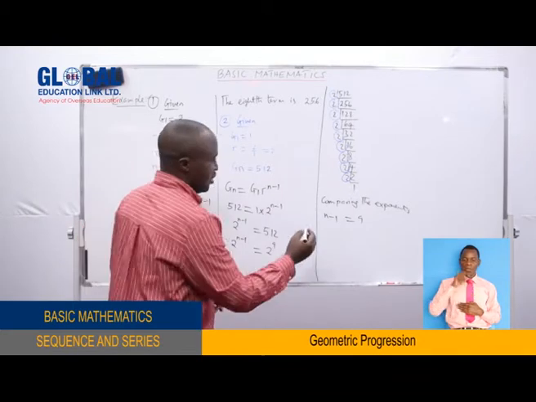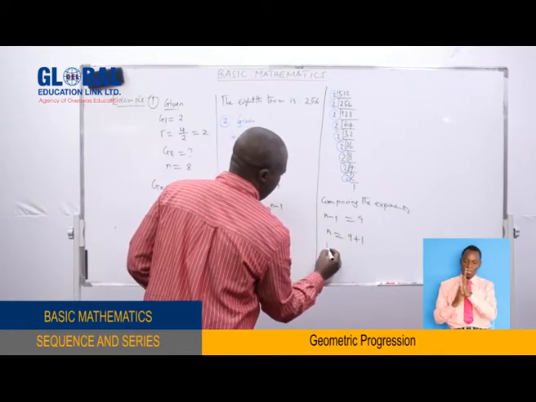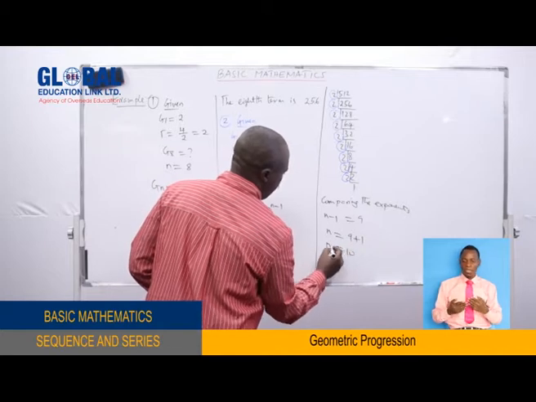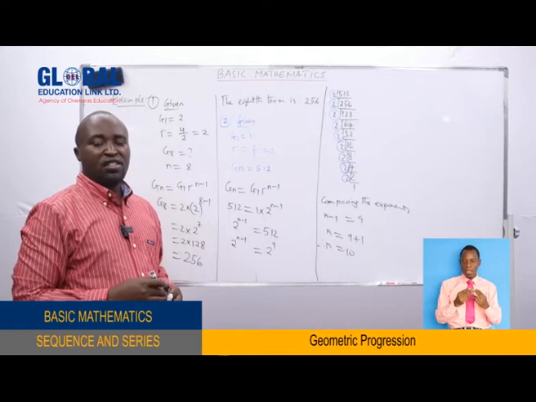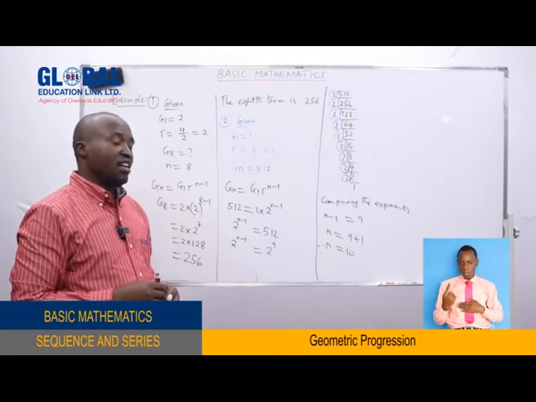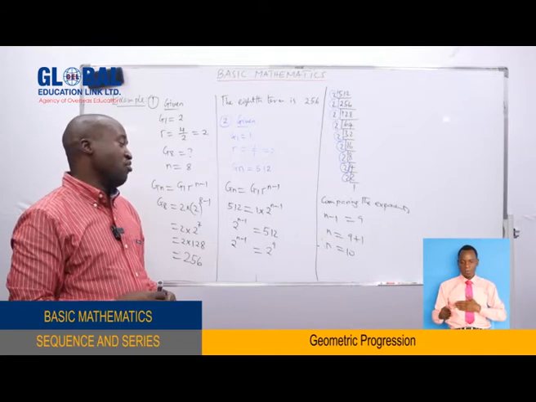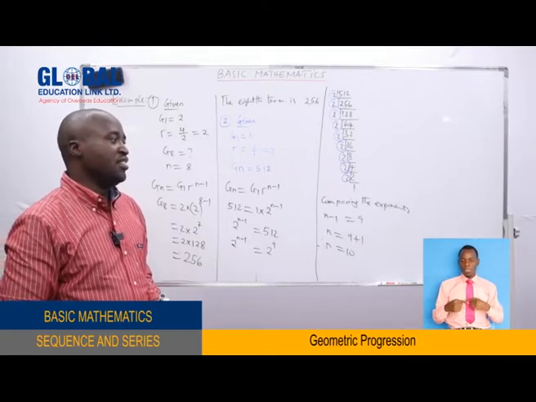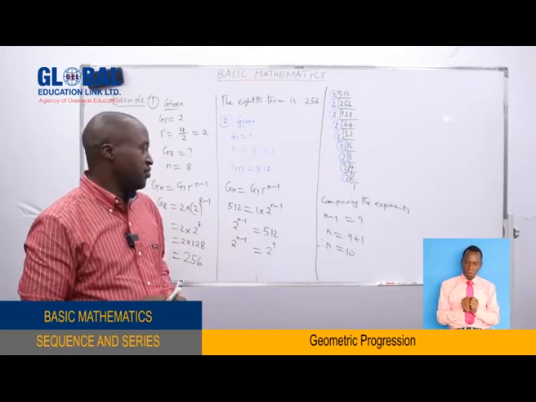So in this case, n is equal to 9 plus 1. So n is equal to 10. Remember, in a sequential series, n represents the number of terms. So the number of terms in that series is equal to 10.